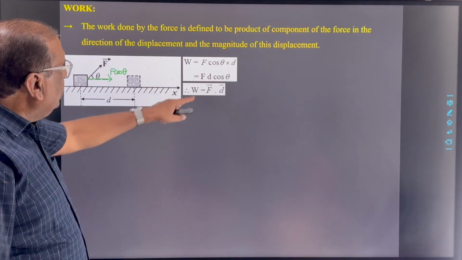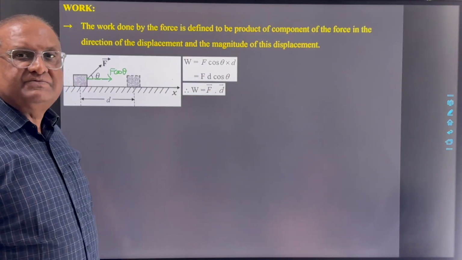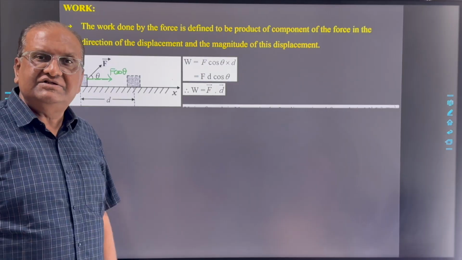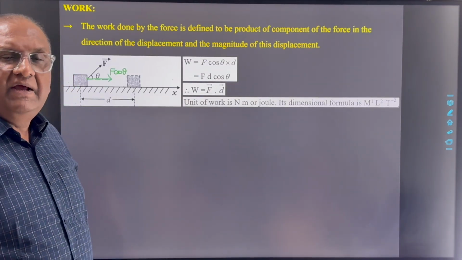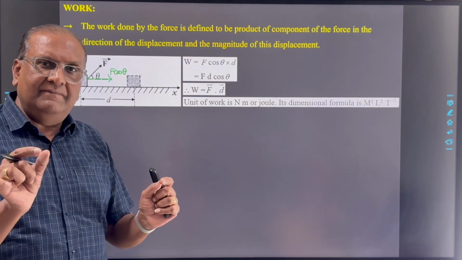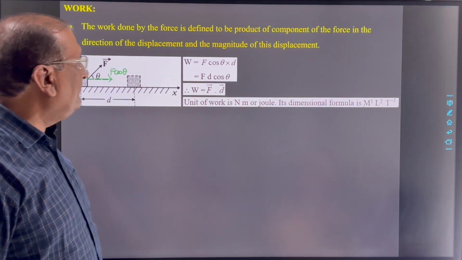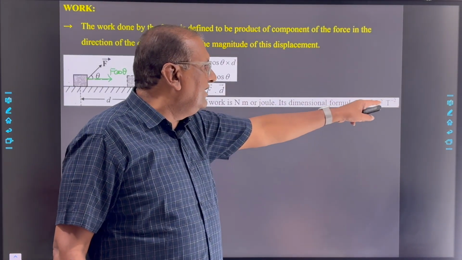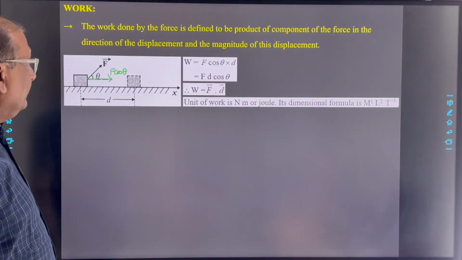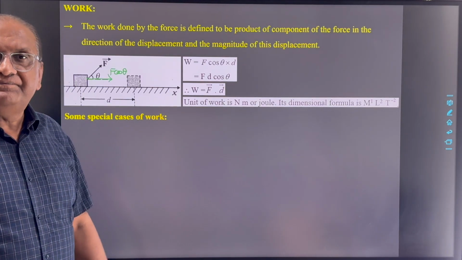The unit of force is Newton and the unit of displacement is meter, so the unit of work done is Newton into meter, which is called joule, and its dimensional formula is M1 L2 T minus 2. Clear?